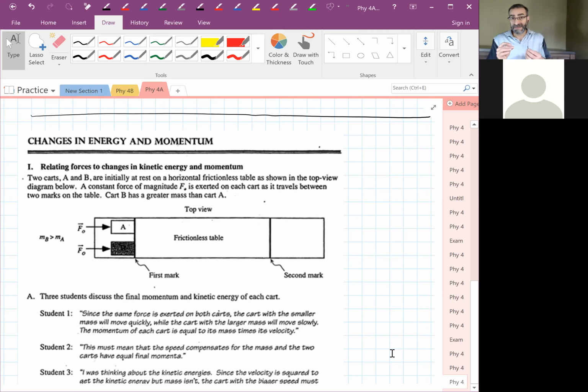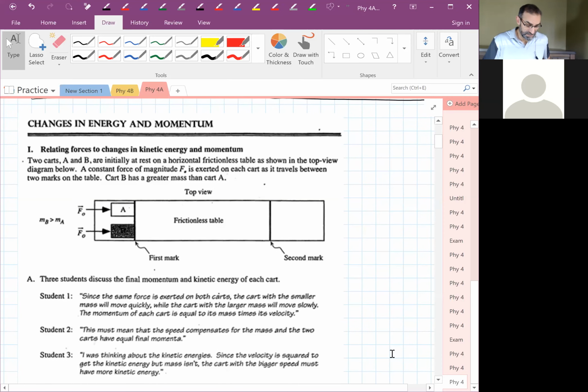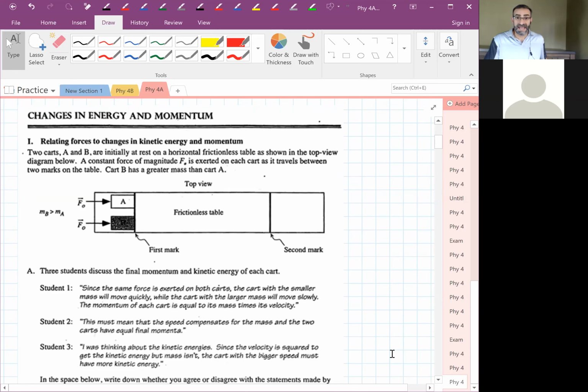When you multiply them together, you get the same thing. What do you think? Maybe. Maybe, I don't know. That's possible. Very possible, but it doesn't necessarily have to happen that way, right?